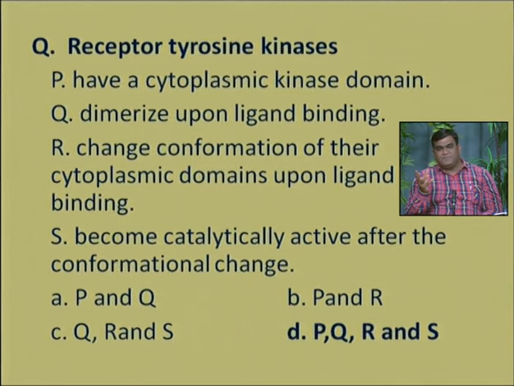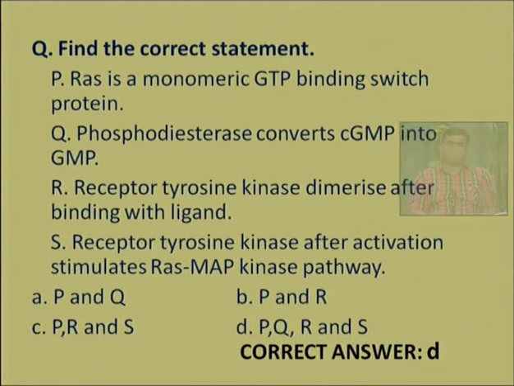Change conformation of their cytoplasmic domain upon ligand binding, very true. And then finally become catalytically active after the conformational change, very true. They will bring about the autotransphosphorylation. So all these 4 statements about receptor tyrosine kinase are true or correct. So the correct option is D. P, Q, R and S all are correct.